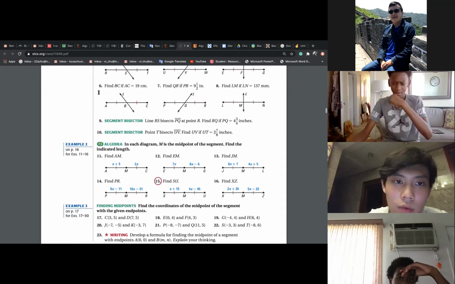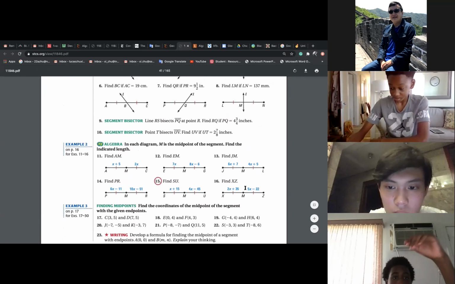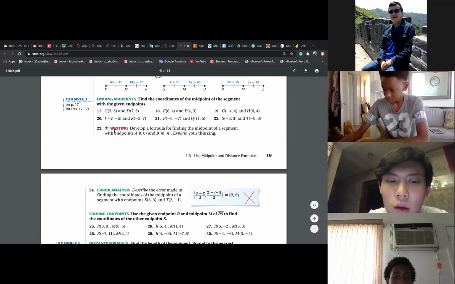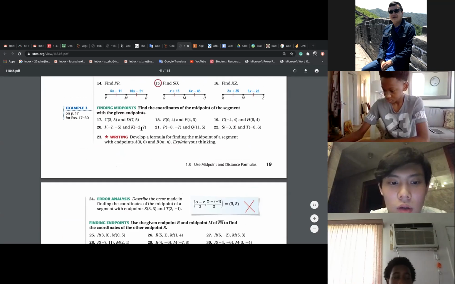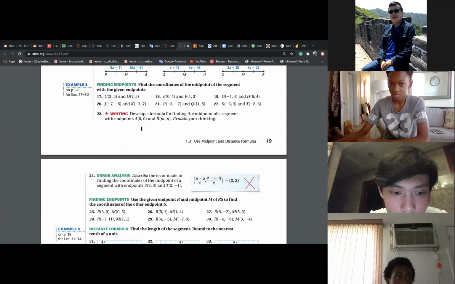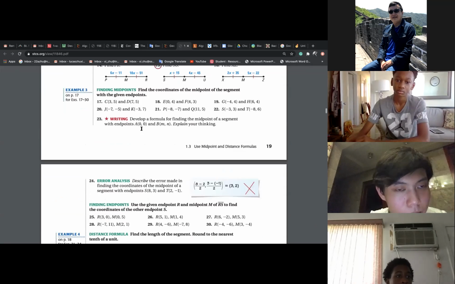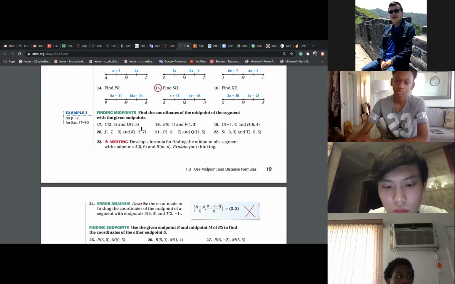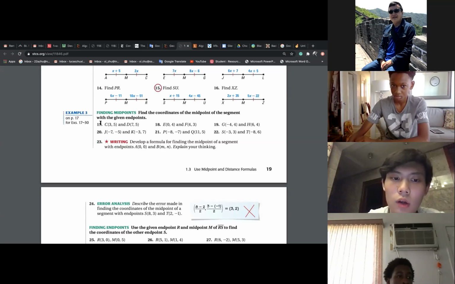Then midpoint: find the endpoint. You can do 17 to 20. Find the midpoints.